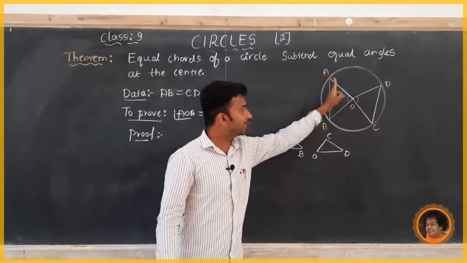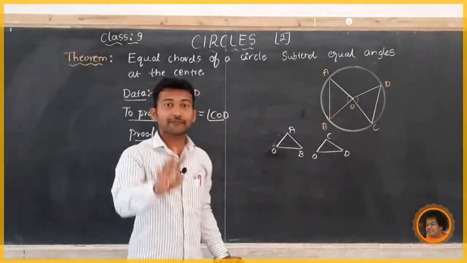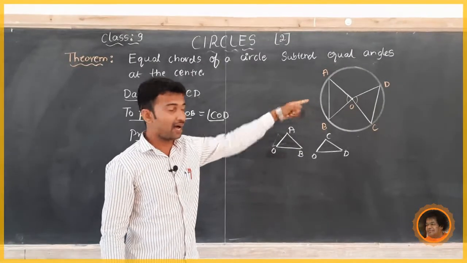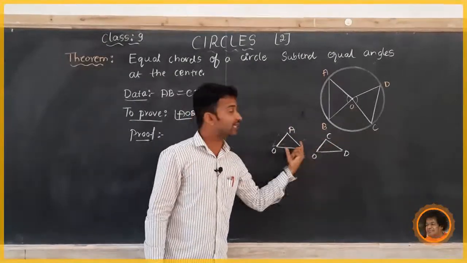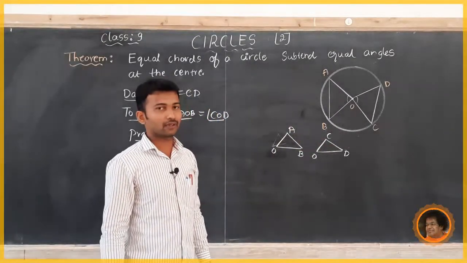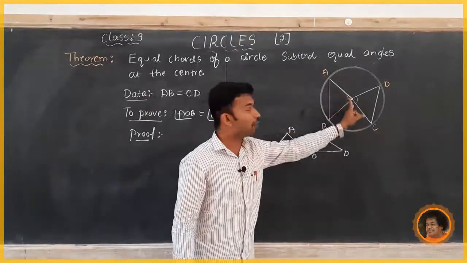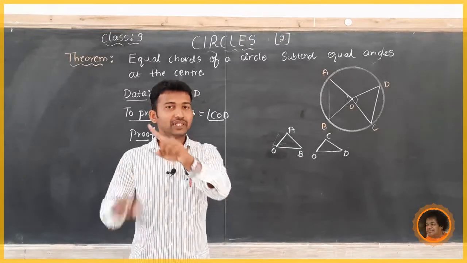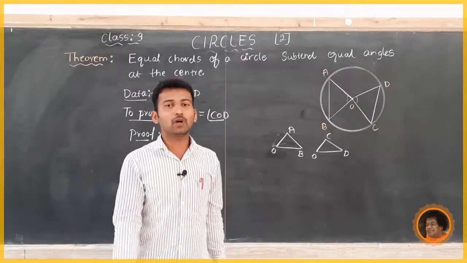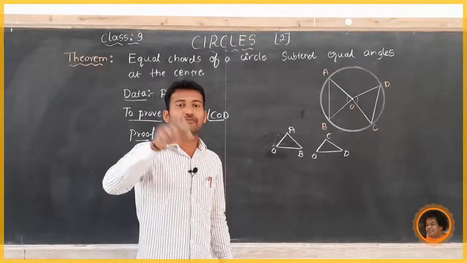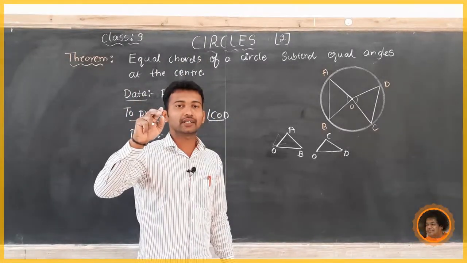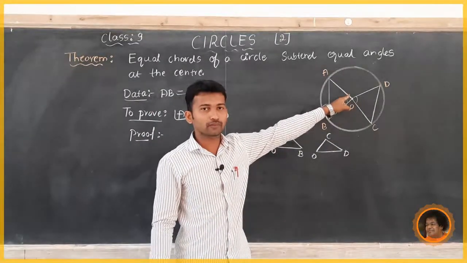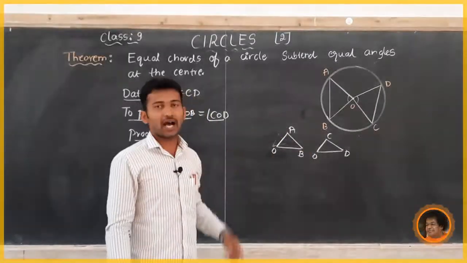OA, OB, OC and OD are the four radii in the circle, and they are the sides of the triangles in this figure. All the four radii are equal to each other because the radii of a circle are all equal, as all the points are at a fixed distance from the fixed point, that is center O. So all the four radii are equal.